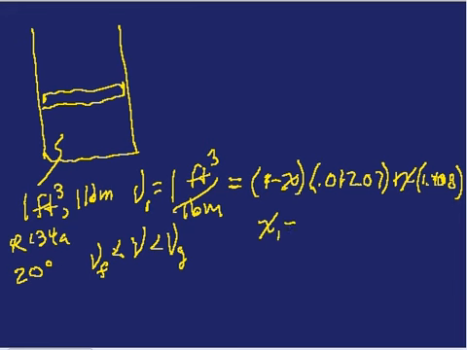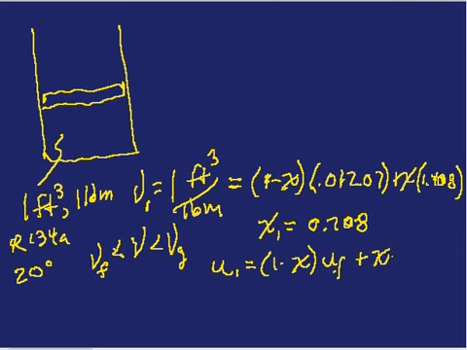Now you plug that in to find U1 is equal to 1 minus X Uf plus X Ug. Plugging in the numbers from 20 degrees Fahrenheit, you wind up with U1 is equal to 74.25 BTUs per pound.